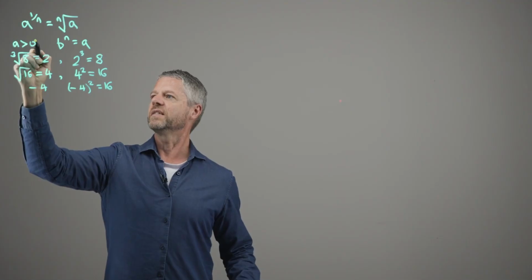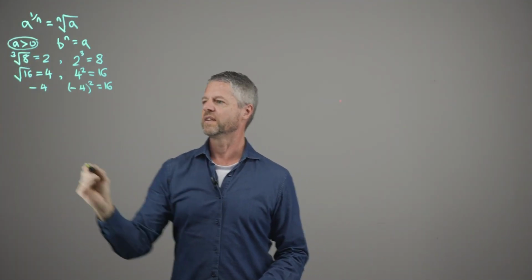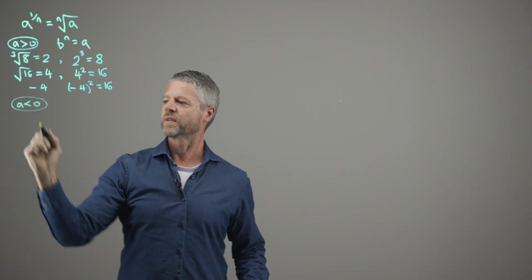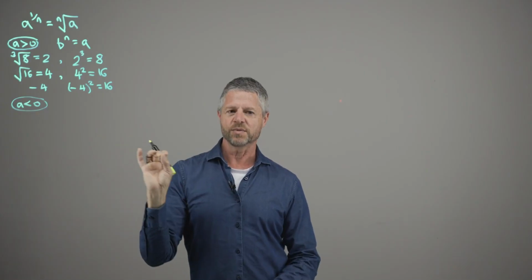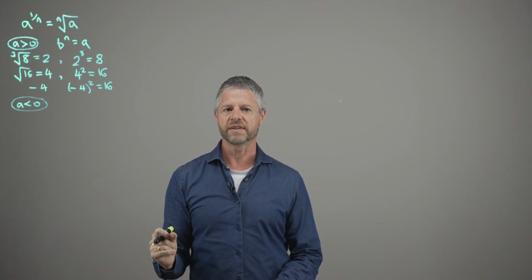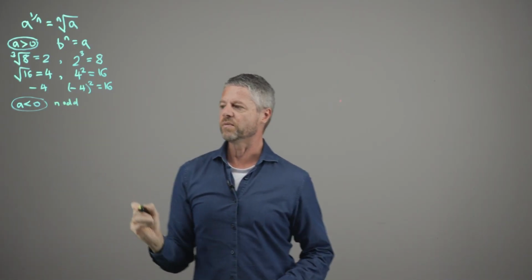So that's the case when a is positive. When a is negative, it depends whether n is even or odd, whether we even have a solution. So if n is odd, then we're okay.